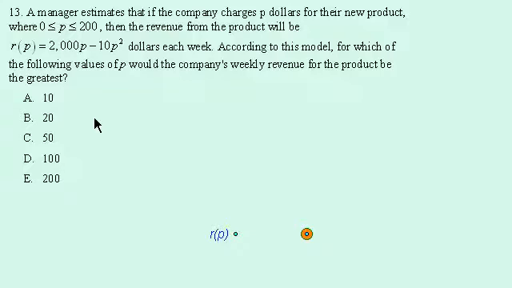It's most likely. So now in here I see the function is given by R(p) equals 2000p minus 10p squared, and the domain of this function is given as between 0 including 0 and 200 including 200.